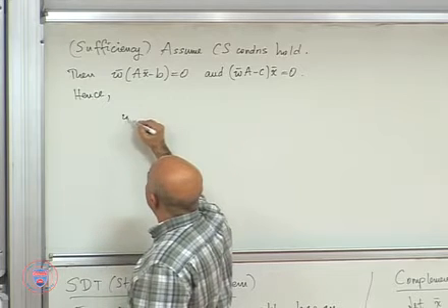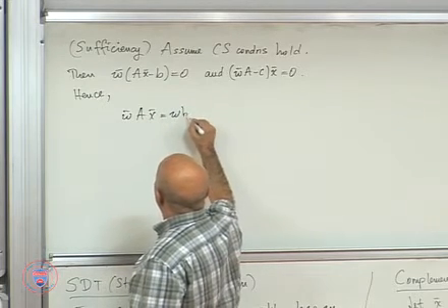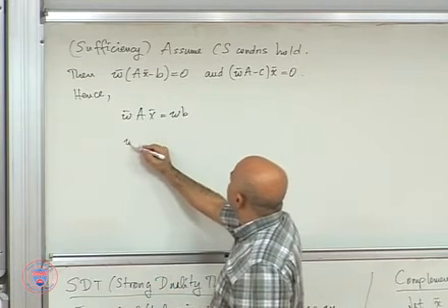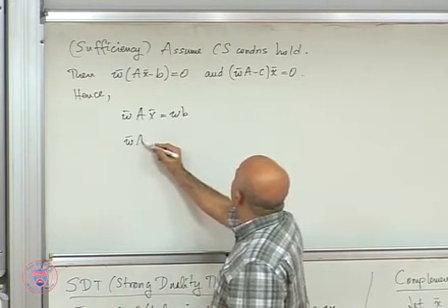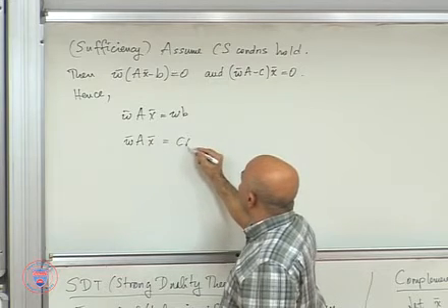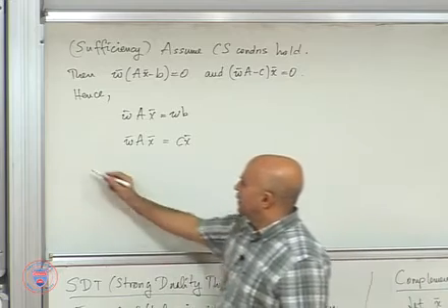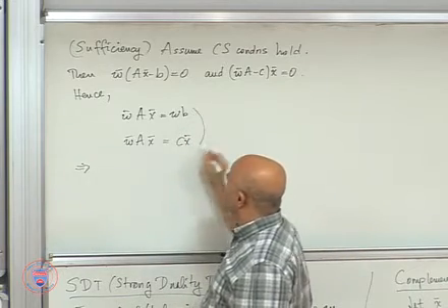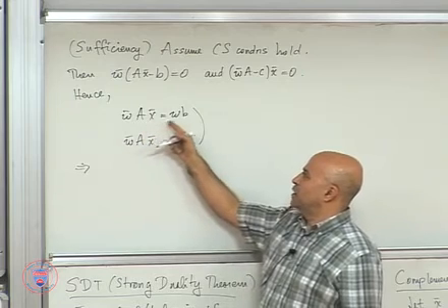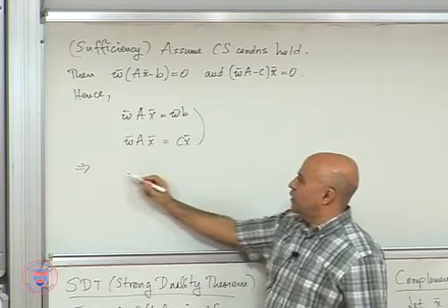So we have this one from the first, and we have this one from the second. And of course, they jointly imply that w bar Ax bar is equal to w bar b as well as c x bar.